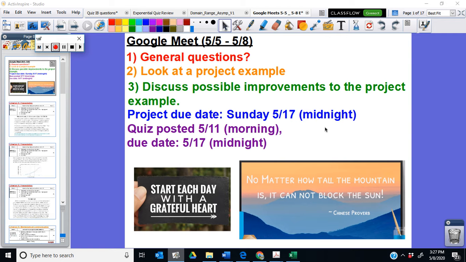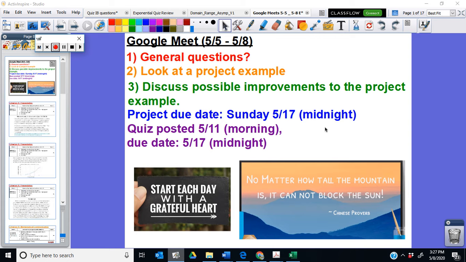Next week, there will not be any CK12 lessons, no Desmos activities, no worksheets posted. It will just be project details and additional problems that you can look at for the quiz, depending which one you chose.